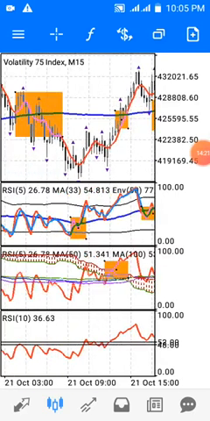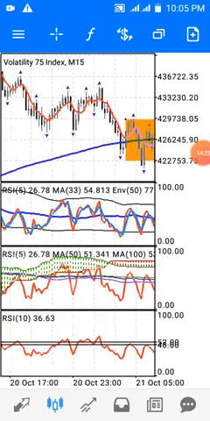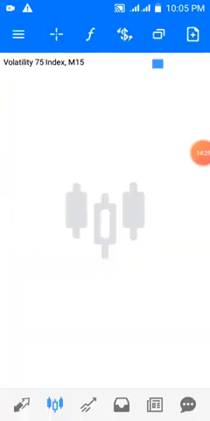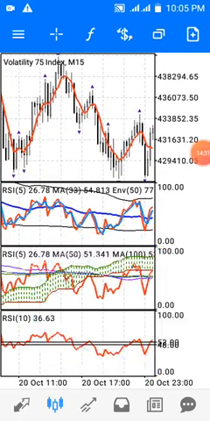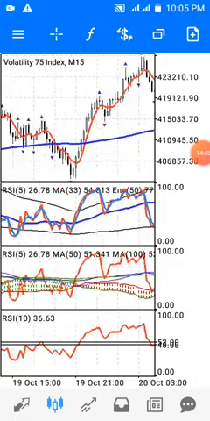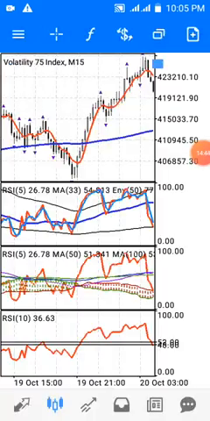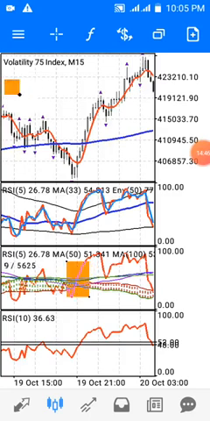And when it moves below, like you have here, as it continues to trigger down here, you sell. Trigger down below both the moving averages and the Ichimoku, you sell. If it goes above, you buy. Above both the moving averages and the Ichimoku, you buy, like somewhere around here.